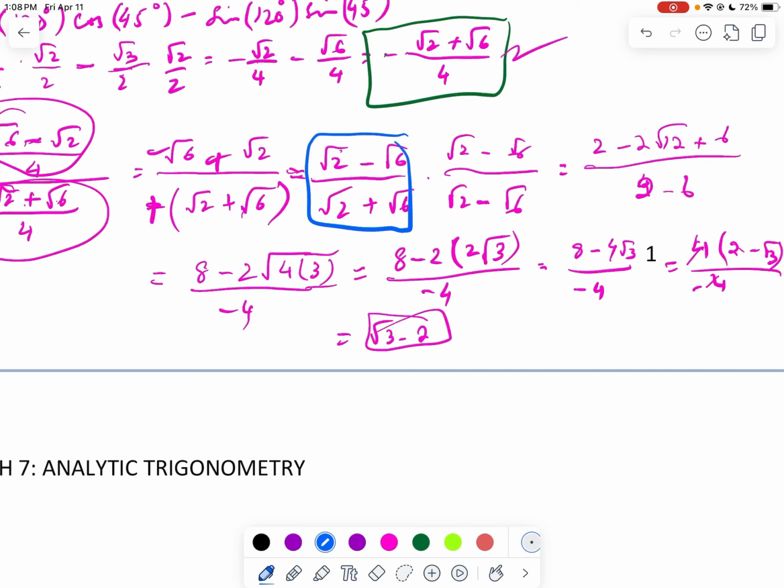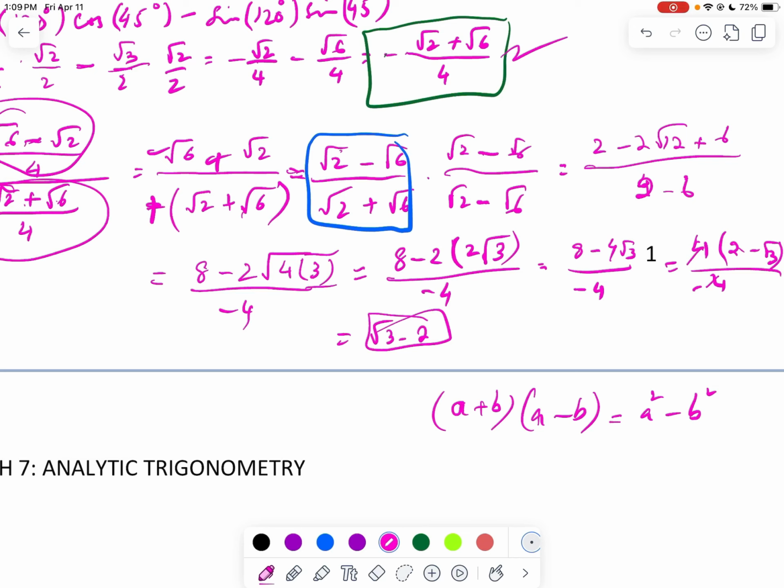So I multiply top and bottom by that expression, and to simplify the denominator, I can apply the product of squares formula, which says a plus b times a minus b is equal to a square minus b square.